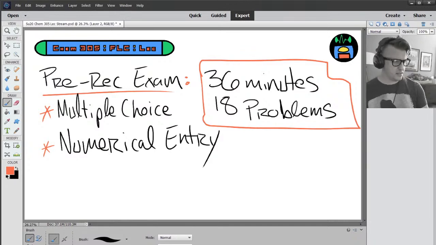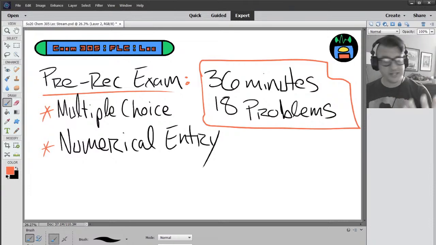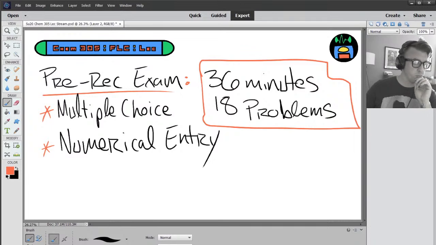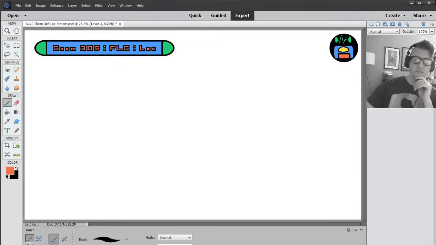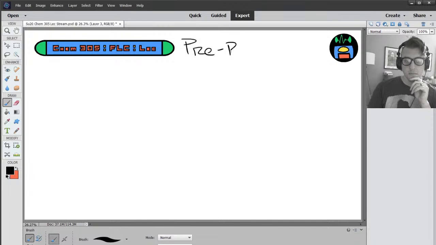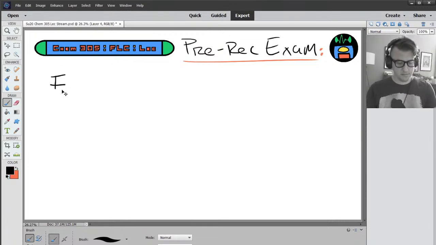The topics covered: there's solving for x, there's systems of equations, radicals. So again, for the prereq exam, topics covered: you have to deal with integer exponents.